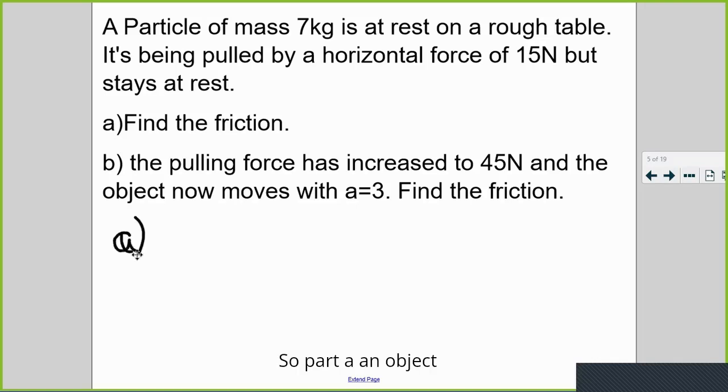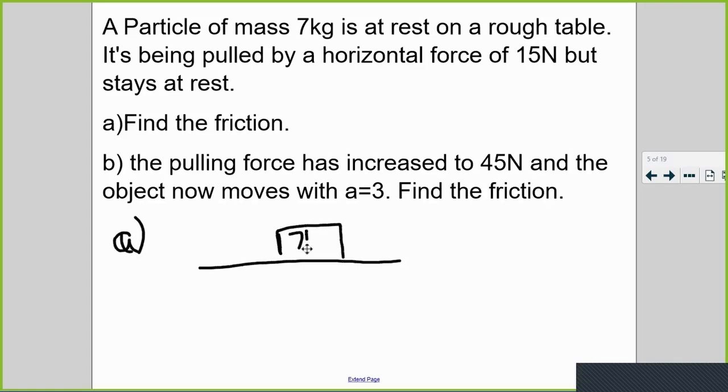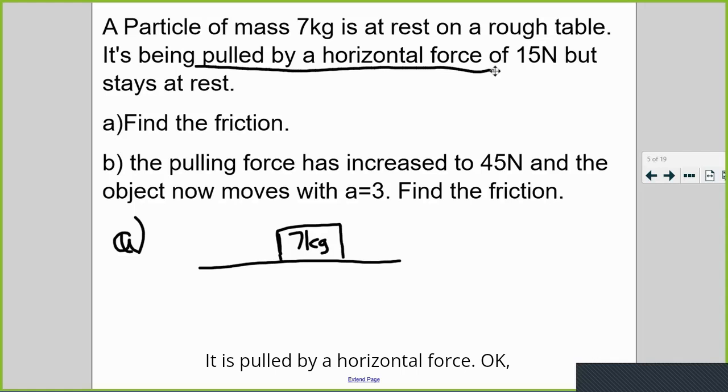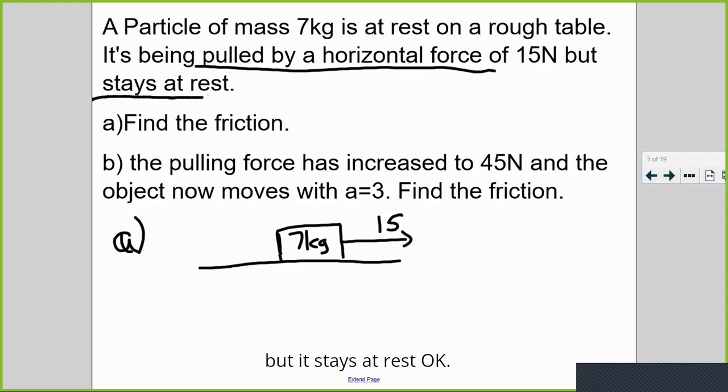So part A, an object particle of mass 7 kg is at rest on a rough table. It is pulled by a horizontal force of 15N, but it stays at rest.